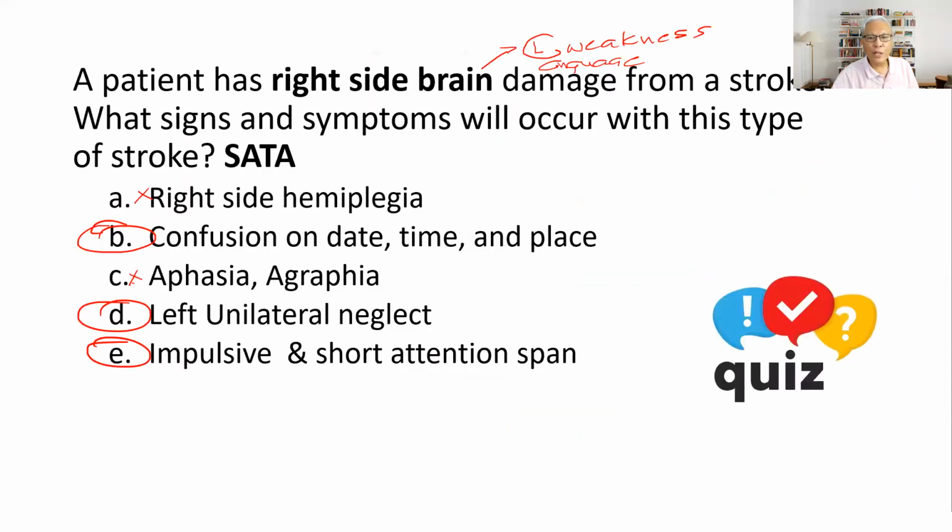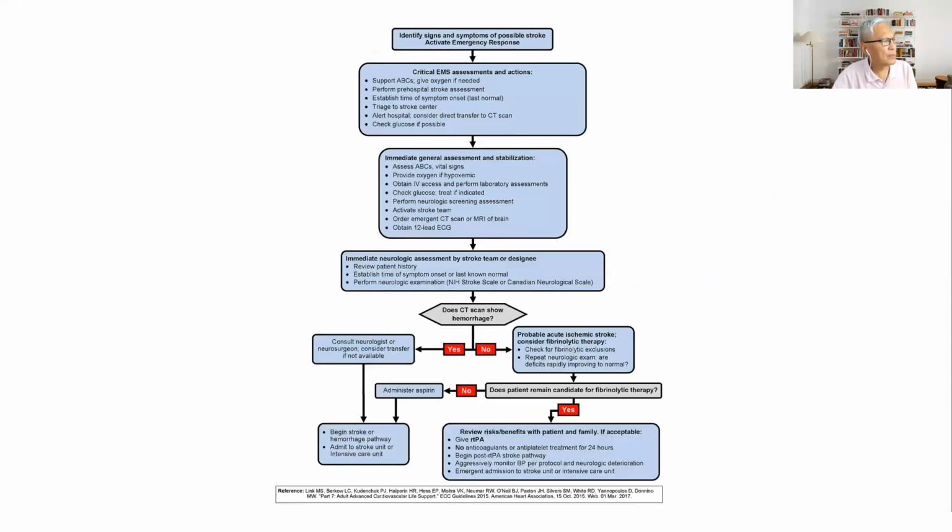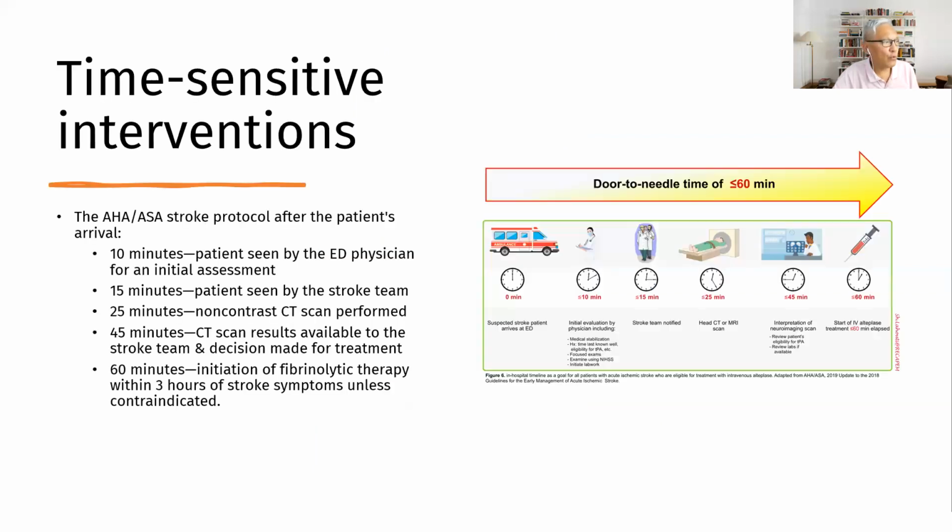Okay, so let's go now to right here. All right, so whenever a patient is going to have a stroke, we always call a stroke alert in the hospital. And there are several things that we must do.